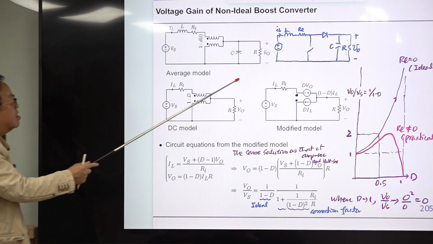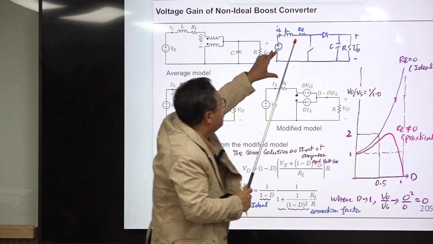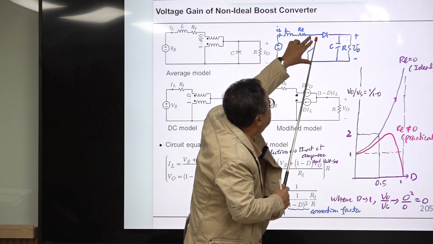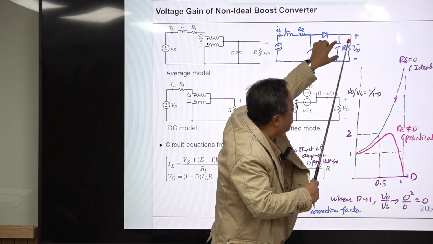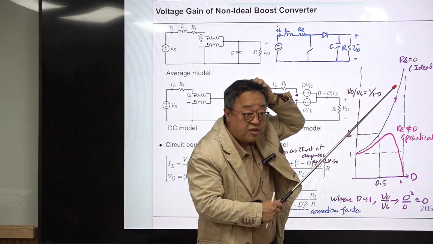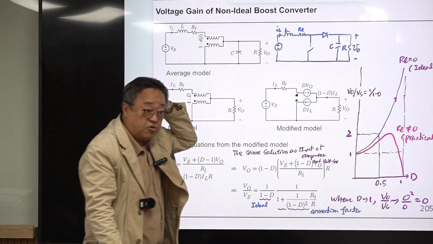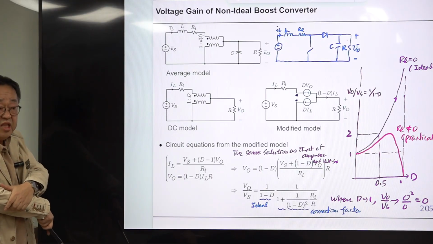D equals 1 means this switch is connected all the time. Then this is turned off. Then suppose there is some voltage that will be discharged here. So eventually this voltage should be 0, not infinity, right? So there is some singularity in here.